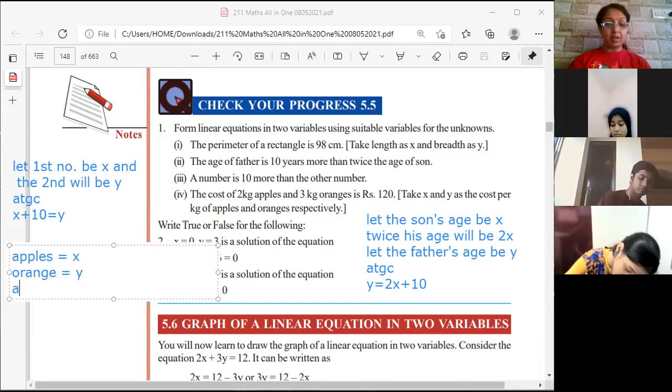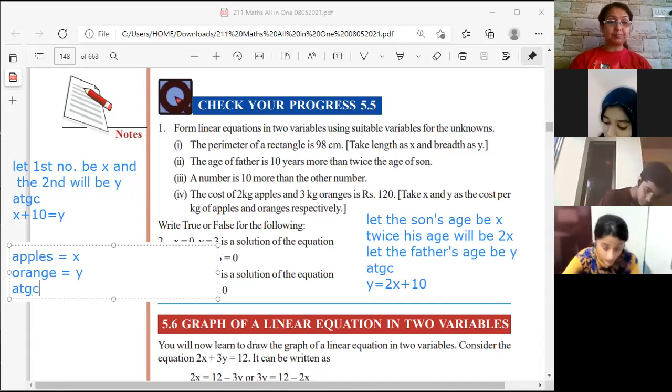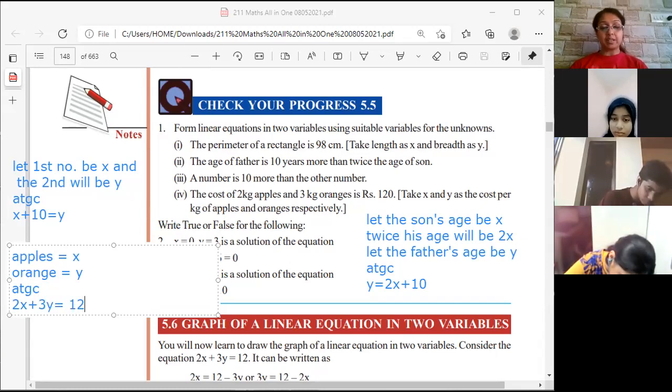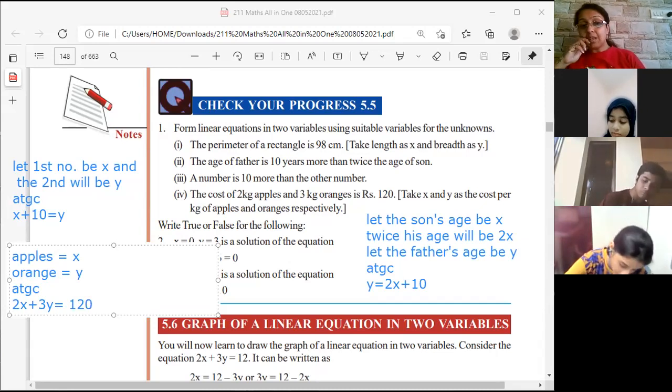According to the given condition, what will I say? 2x plus 3y is equal to 120. Do you agree, beta? So the equation is made.